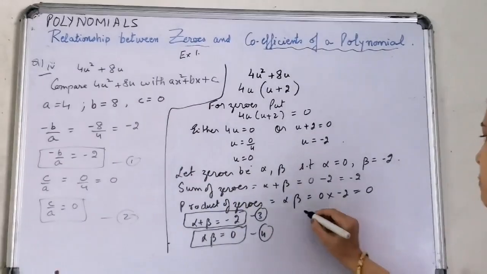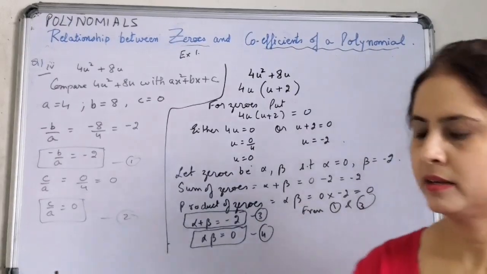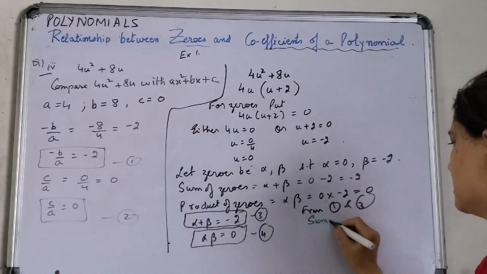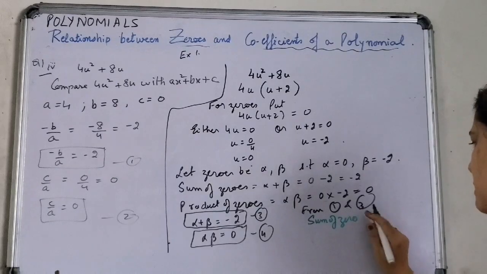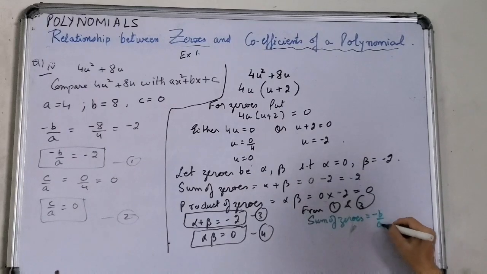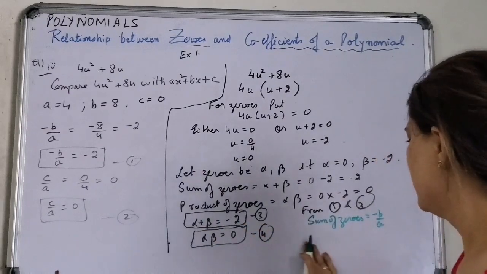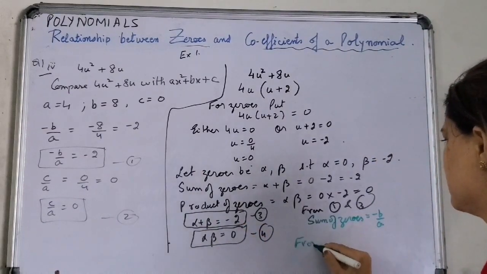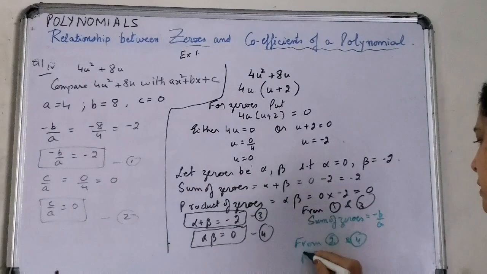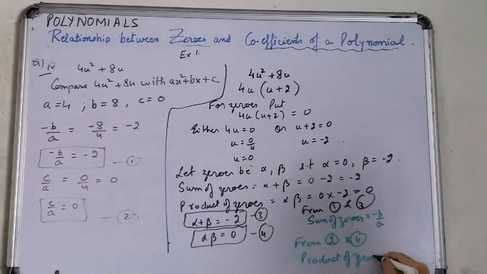From 1 and 3, the result is: sum of the zeros is equal to minus b upon a, and product of zeros from 3 and 4, or rather 2 and 4, I'm sorry, product of zeros is c upon a.